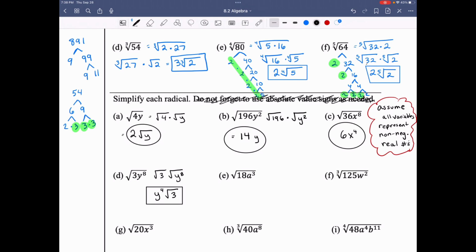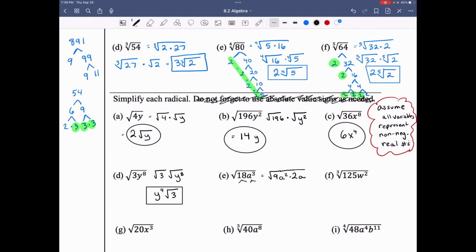All right, square root of 18, I'm going to write that as the square root of 9a squared times 2a. And let's think about that. So the 9 times 2 gives us 18, but I know that I can take the square root of 9.